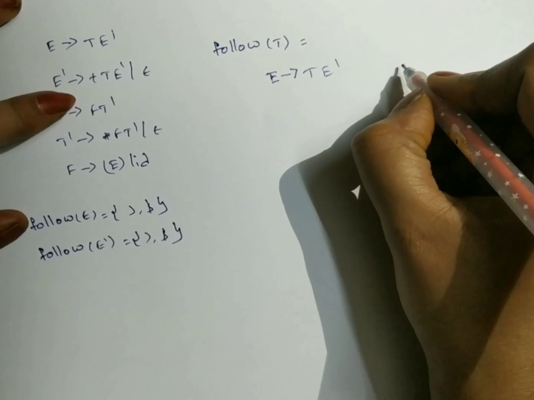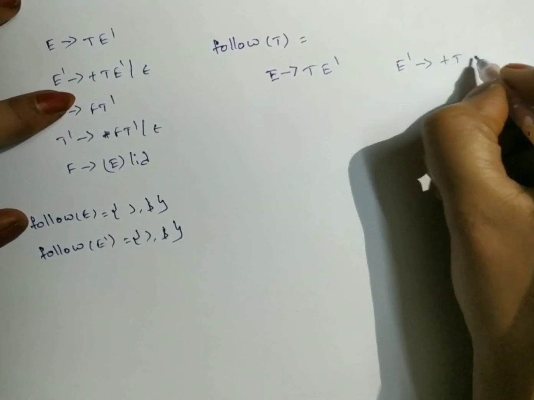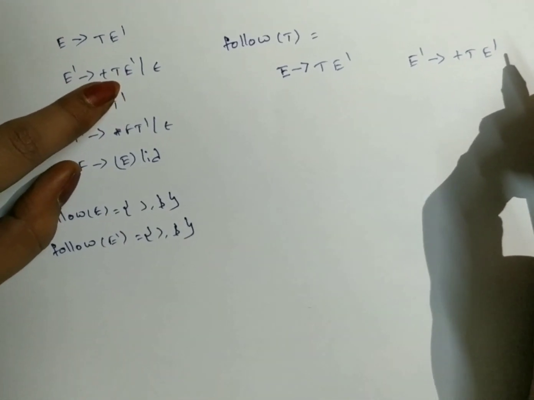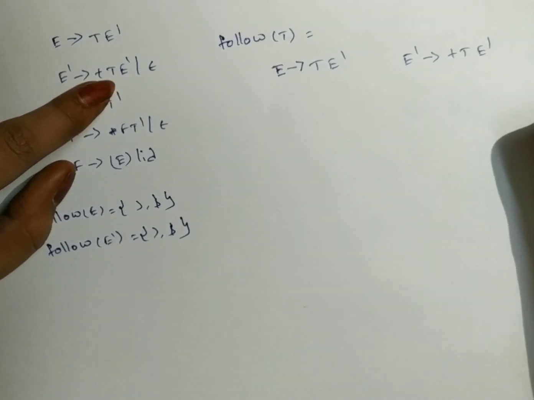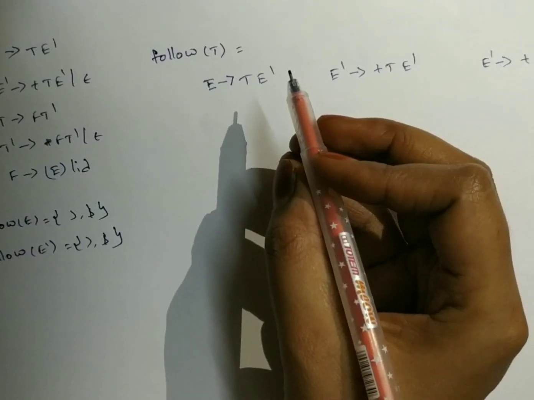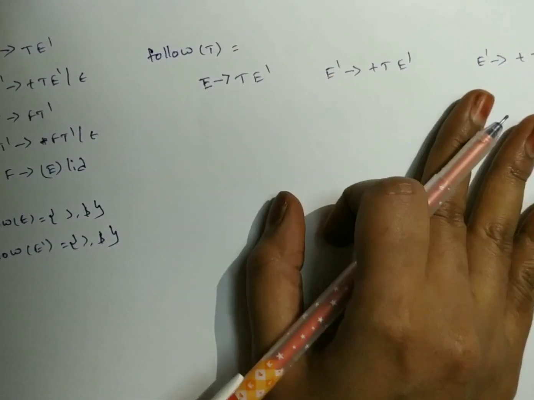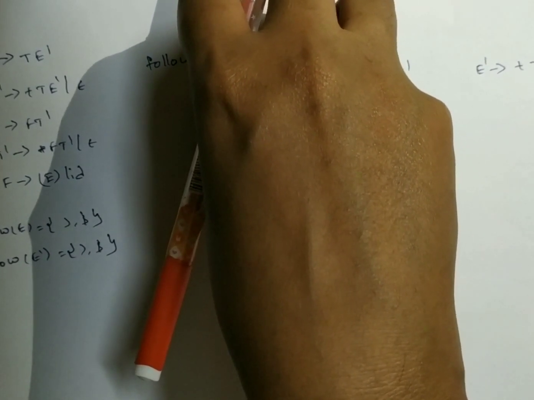The second one is E dash derives plus T E dash, and if we place the epsilon in the E dash position, we will get the third derivation, E dash derives plus T. These are the three different conditions. We need to find the follow of these three different conditions, and finally we will merge all these solutions.